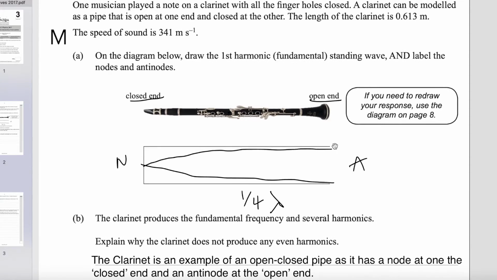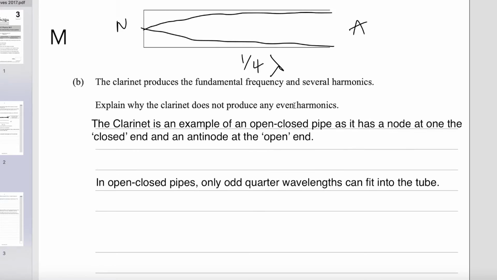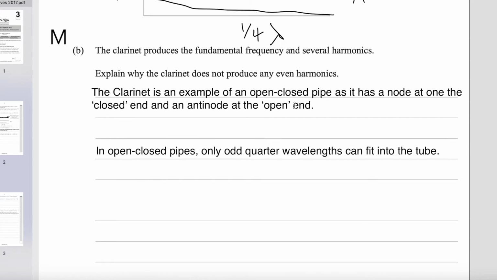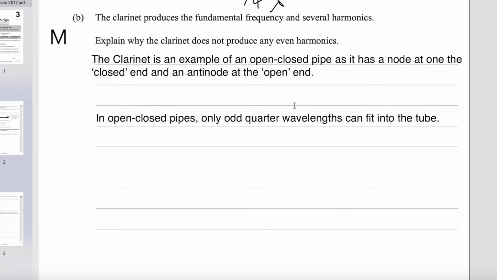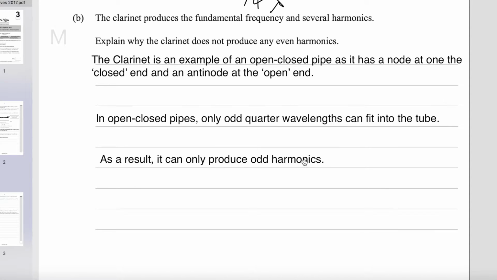And I think that's why they actually give you the length, because you don't actually need to use this for any of the other questions. So if you're ever stuck, I suppose you could just figure it out by yourself. But it's actually easier just to remember that in open-closed pipes, they only progress in odd quarter wavelengths. And so your last statement is just going to be a general one. It's just going to say, as a result, it can only produce odd harmonics.